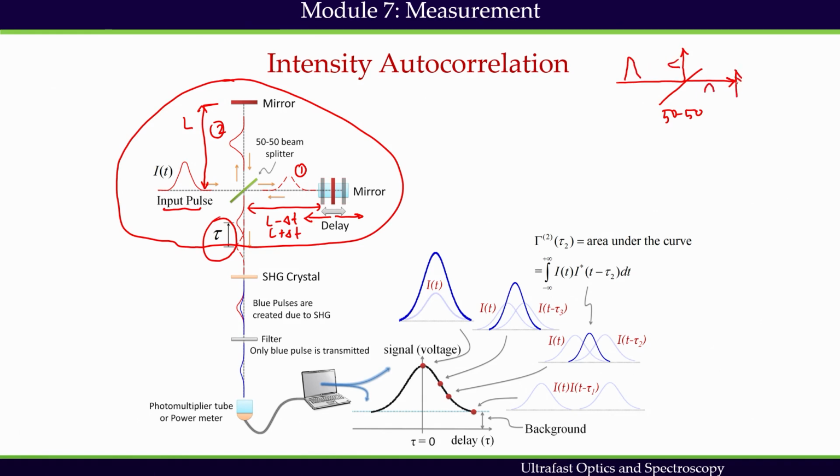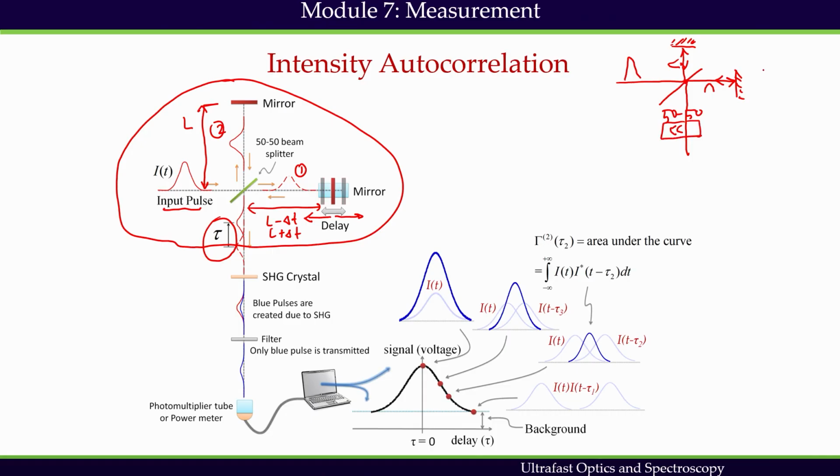Then I have mirrors here, and if the mirrors are placed at equal distance, then they will come back to this point after the reflection. They will come back to this 50-50 beam splitter at the same time, and again 50% of those baby beams will be transmitted and 50% reflected. So this output beam is these two.